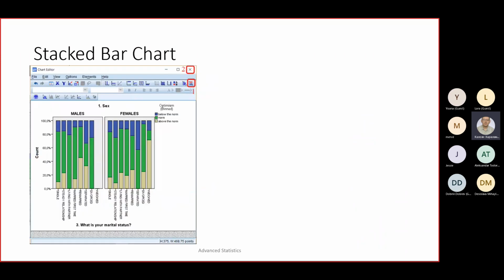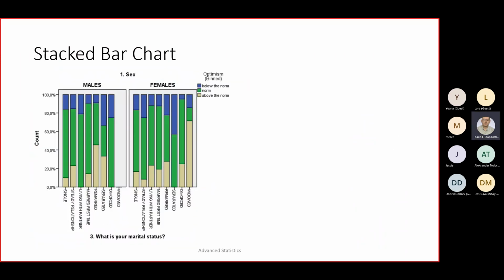And this is the chart. Again, we can compare groups. We can compare marital statuses within the group of males and within the group of females. But now we can also compare both groups, males and females.